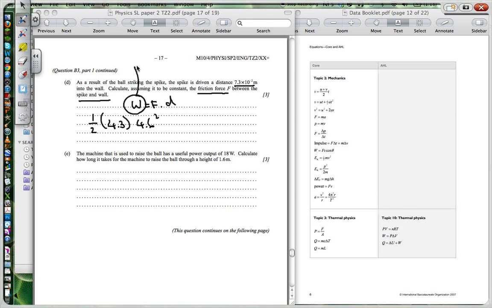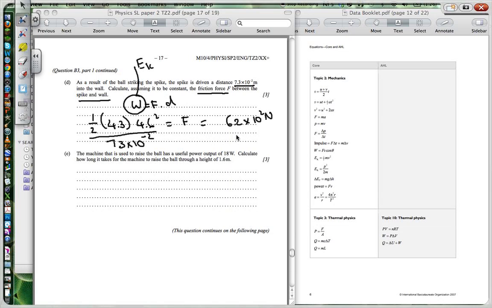That is the energy that it's got in the form of kinetic energy, and that's equal to your force times the distance, so we divide that by 7.3 times 10 to the negative 2 meters, and we get a value there of about 6.2 times 10 to the 2 newtons.